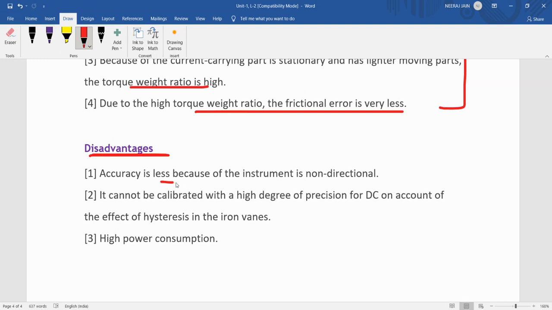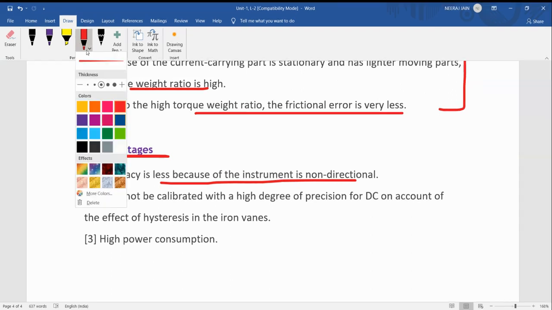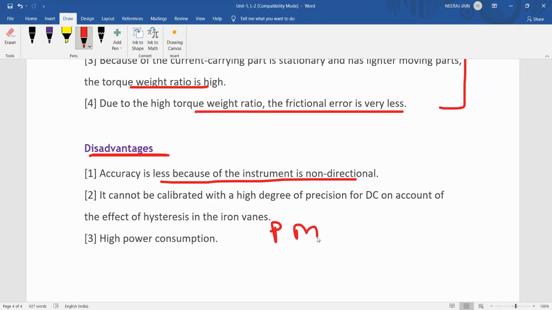The accuracy is less because the instrument is non-directional. इस वजह से हमारी इस मूविंग आयरन जो इंस्ट्रूमेंट्स होते हैं उनकी जो एक्यूरेसी है दैट इज लेस। It cannot be calibrated with a high degree of precision for DC on account of the effect of hysteresis and there is a high power consumption. तो इस तरह से we have seen what are the advantages and disadvantages of the moving iron instruments.